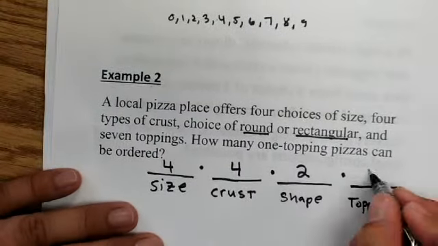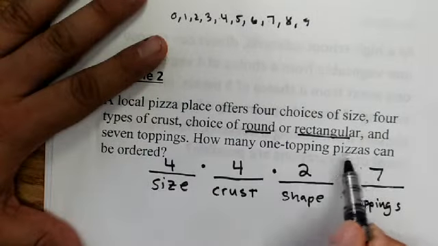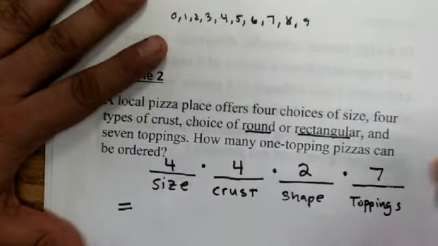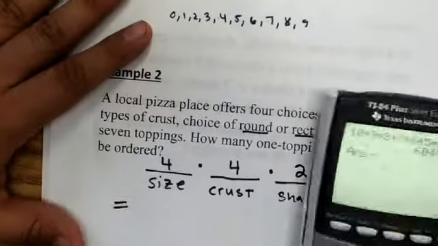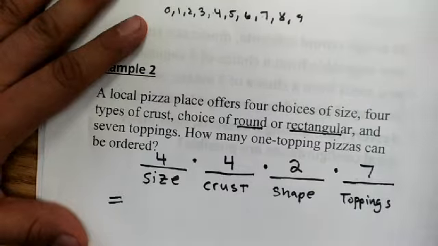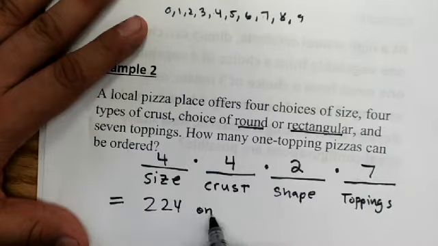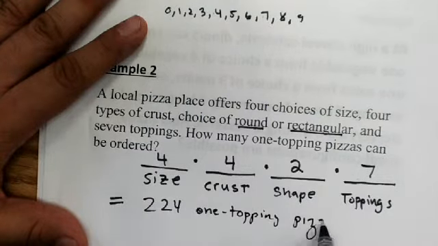You have 7 toppings. So, if you want to find out how many one-topping pizzas you can order, you would multiply all of those values together. 4 times 4 times 2 times 7. That'll give us a total of 224 one-topping pizzas. Just as we discussed in class.